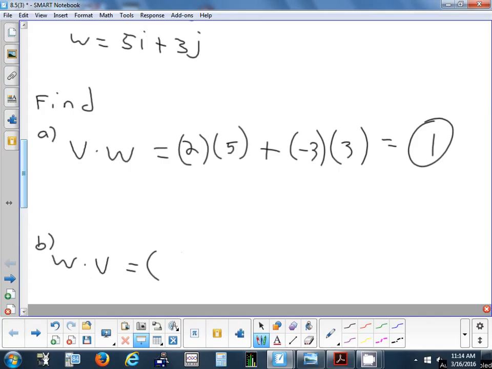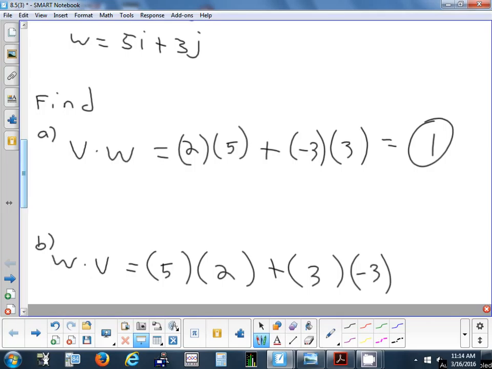All right, let's try w dot v. What's going to change when I do out the calculation here? What's going to be first? 5 times 2 plus 3 times negative 3.